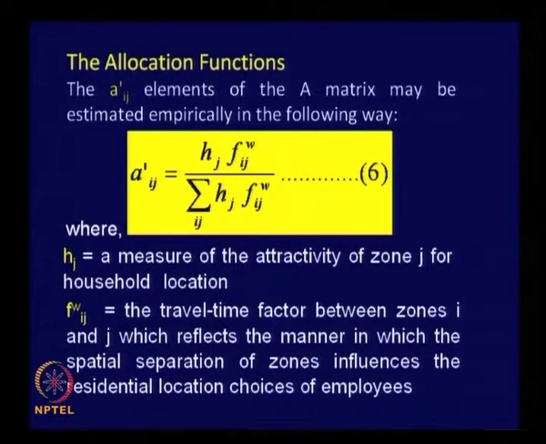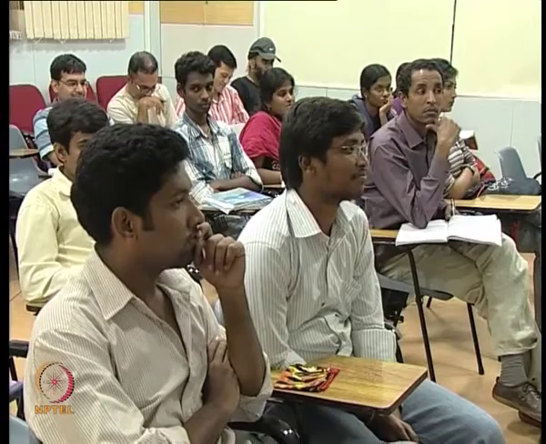Friction factor, yes, in trip distribution analysis, we have seen a similar structure. The utility equation also we have done, and friction factor particularly we have done in connection with the gravity model of trip distribution, isn't it?